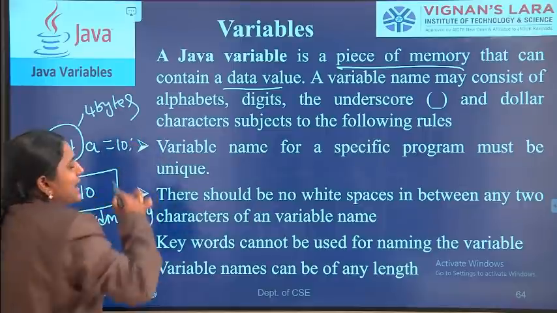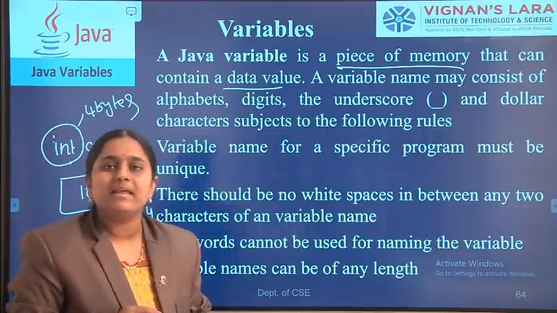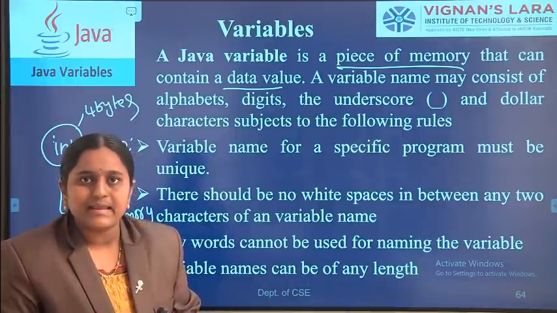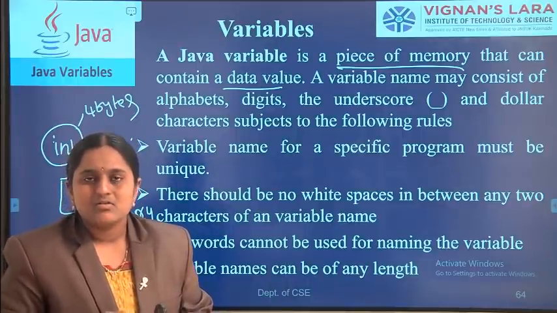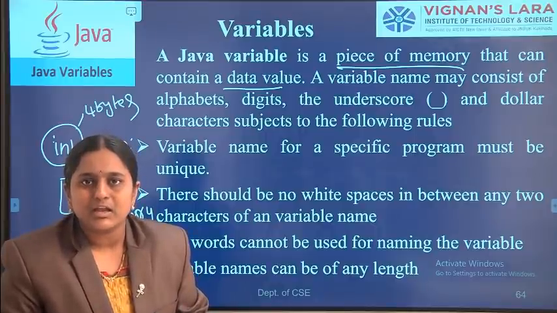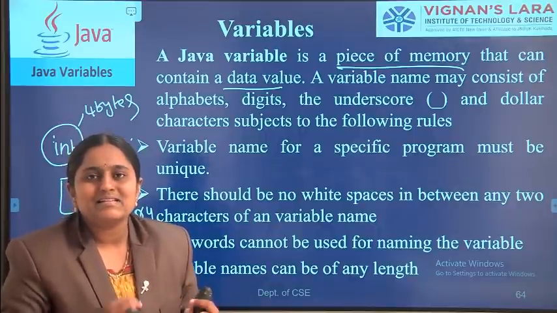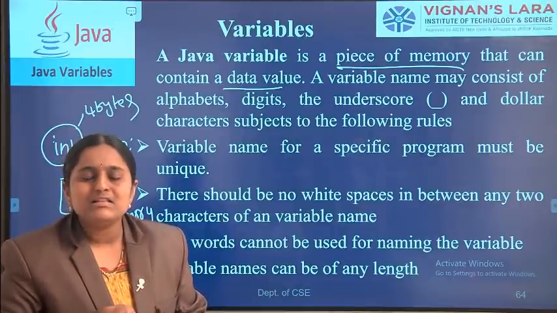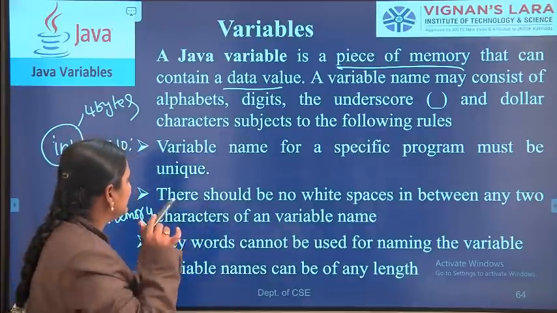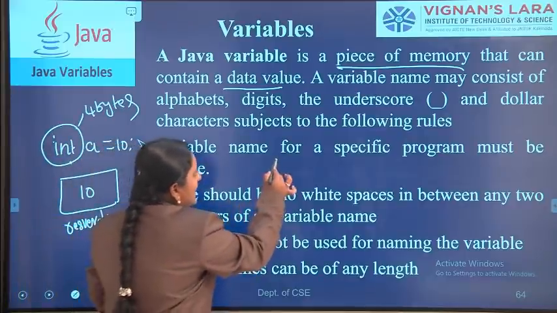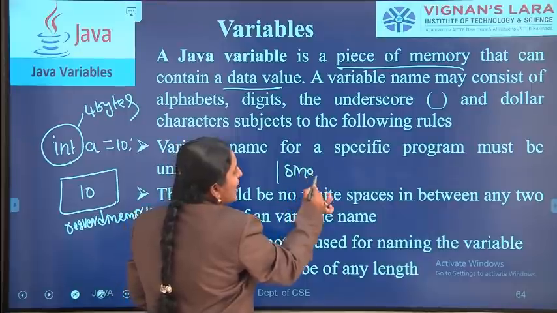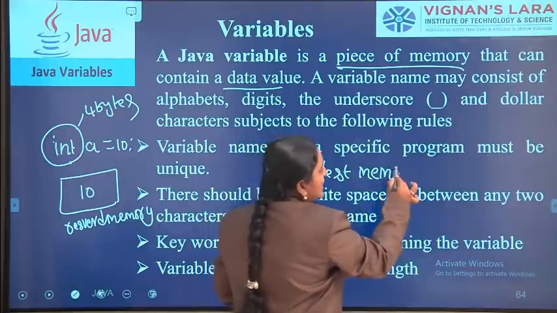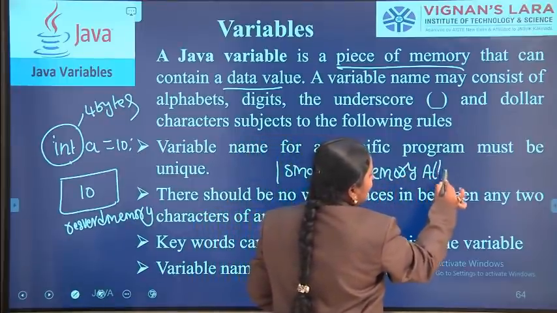Simply, we can say a variable is the smallest memory allocation in the RAM.